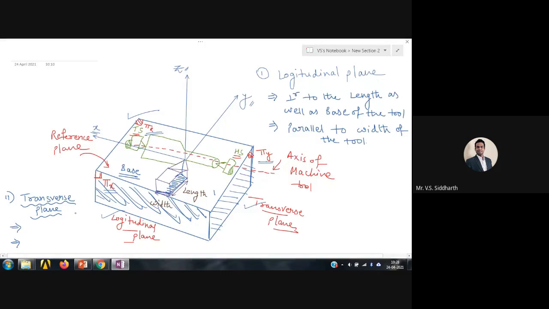Very good. It is parallel to length and perpendicular to width and base of the tool, right? Width and base of the tool and perpendicular to the width and base of the tool.